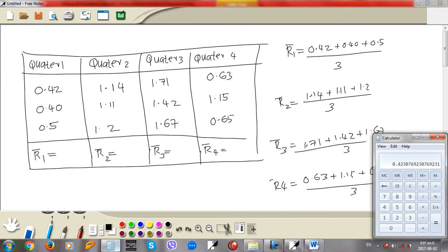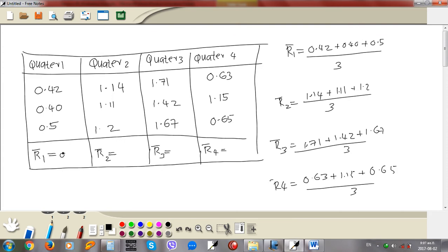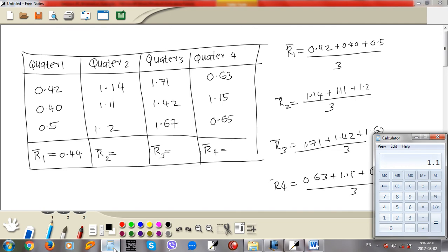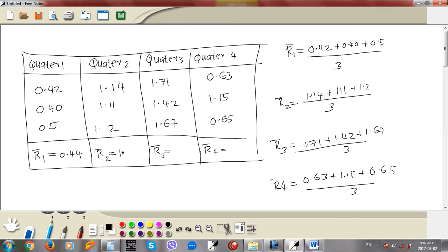Now let's find R bar 1: 0.42 plus 0.4 plus 0.5 divided by 3. The answer is 0.44. Next, 1.14 plus 1.11 plus 1.2 divided by 3 is 1.15, that is R bar 2.